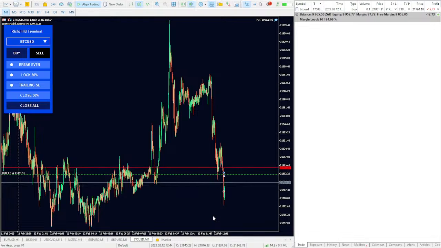Phased entry requires patience, right? You need to be very, very patient. That's why a lot of people blow their accounts, because they enter the trades too early.